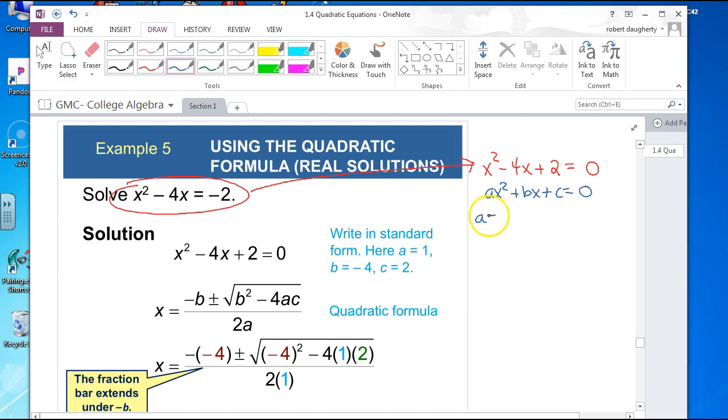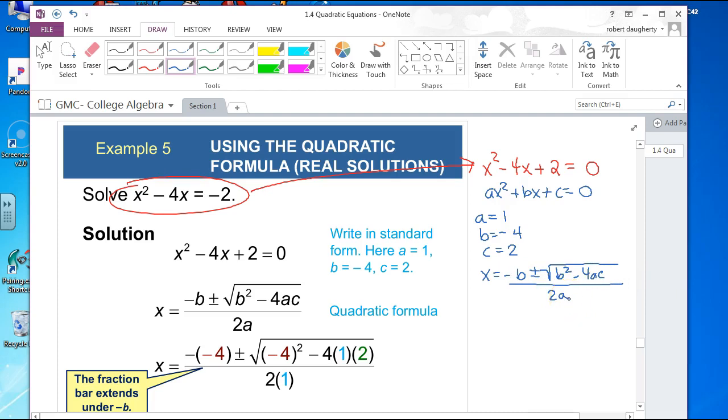In my case, the coefficient of x squared is 1, b is equal to -4, c is equal to 2. So I want to use the quadratic formula, which is x equal -b plus or minus square root of b squared minus 4ac, all of that over 2a.